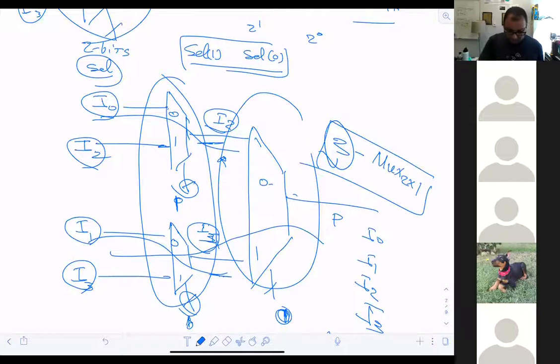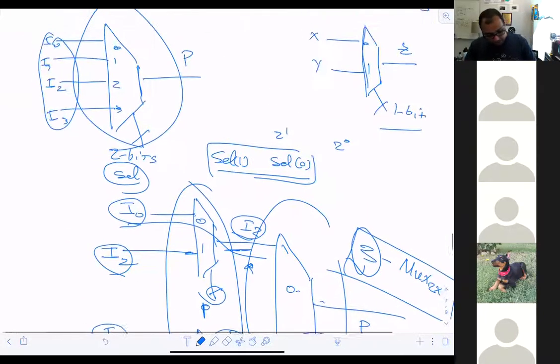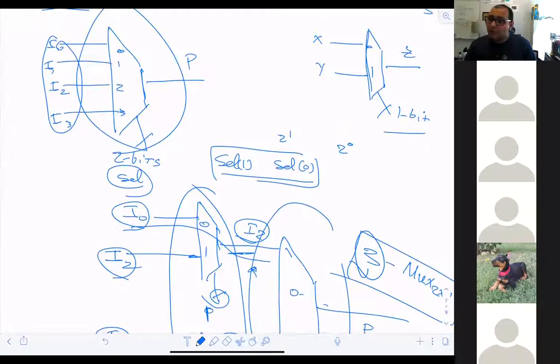This one? Here. This is 4x1, right? We know that it's a binary system, right? So we have 2 power 0, 2 power 1, 2 power n of the selector. So 2 power 0, I need 1. 2 power 1, I need 2. 2 power 2, I need 4.